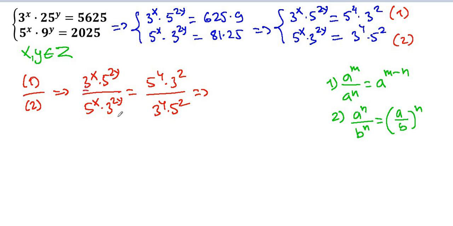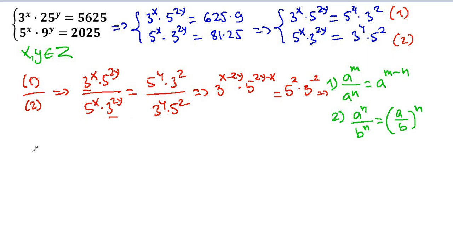We see that the bases are the same, therefore I'll get 3 to the power of x minus 2y is equal to, in the same manner 5 to the power of 2y minus x is equal to here 5 squared, and because 5 to the power of 4 divided by 5 squared is 4 minus 2, that is 5 to the power of 2, and 3 to the power of 2 divided by 3 to the power of 4 is 3 to the power of minus 2.